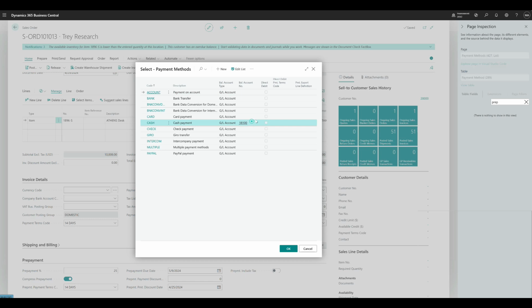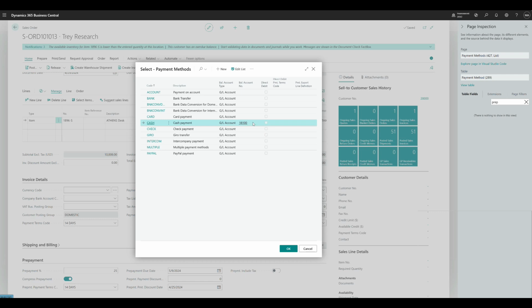The only payment method code that allows for instant payments at the time of posting the prepayment invoice is this cash payment method code. You see it's set up to go to 18100, which is the petty cash, so we're receiving into the petty cash. This is the Kronos database.